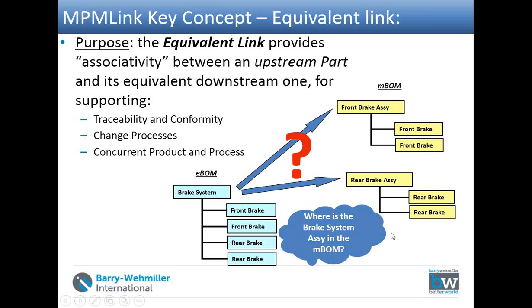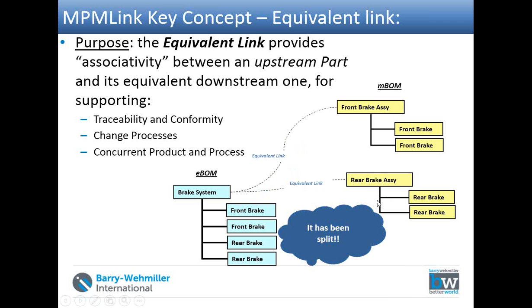So where is the brake system assembly in the M-BOM, right? We cannot define that if you don't have the traceability between E-BOM and M-BOM. But with the help of this equivalent link in the MPMLink, the user can trace which upstream engineering part is associated between the E-BOM and my M-BOM part, right?